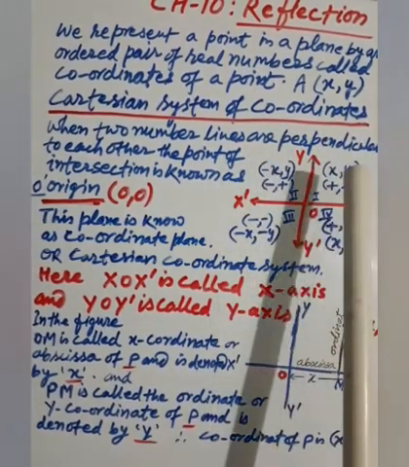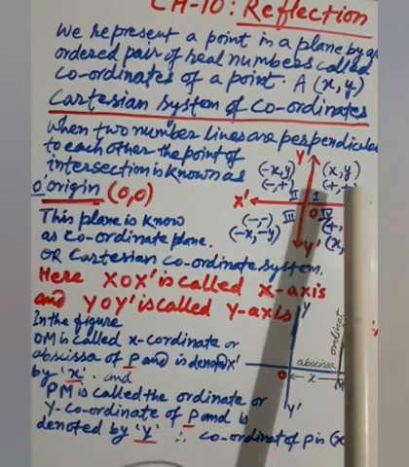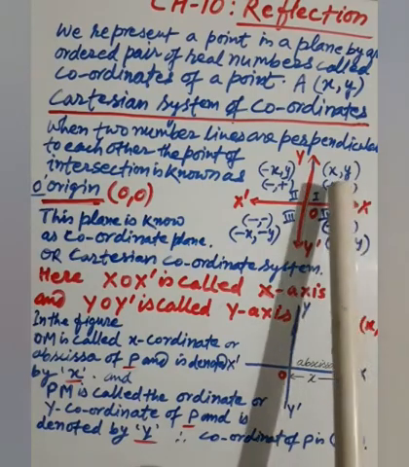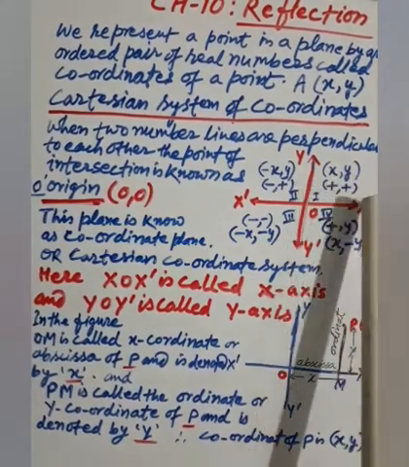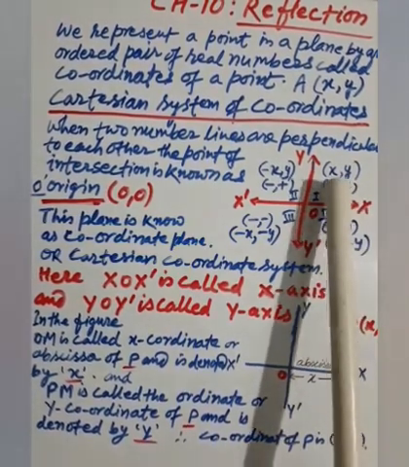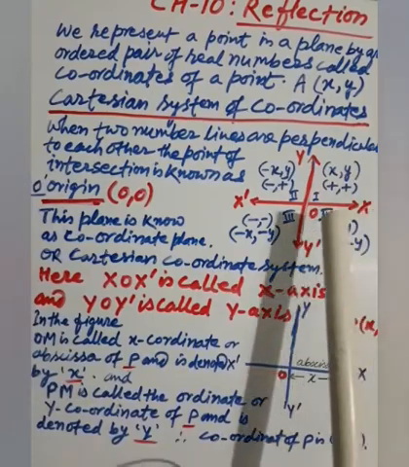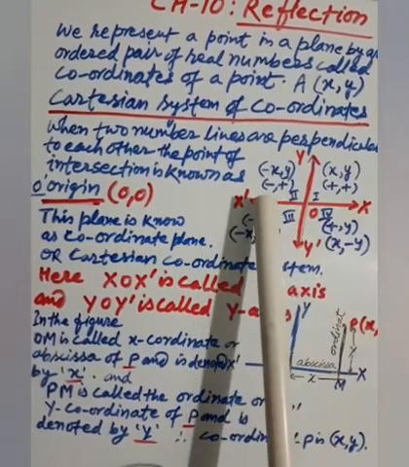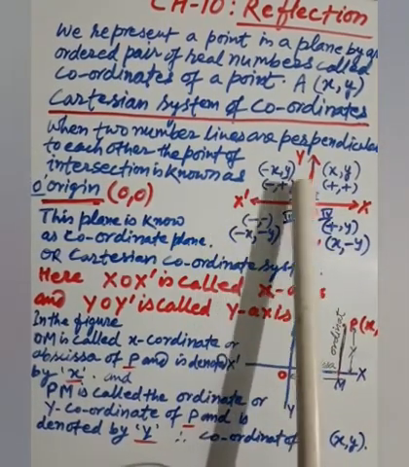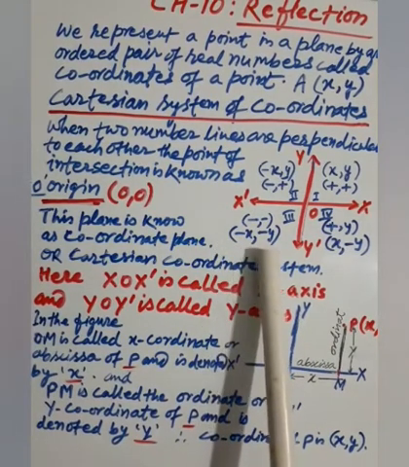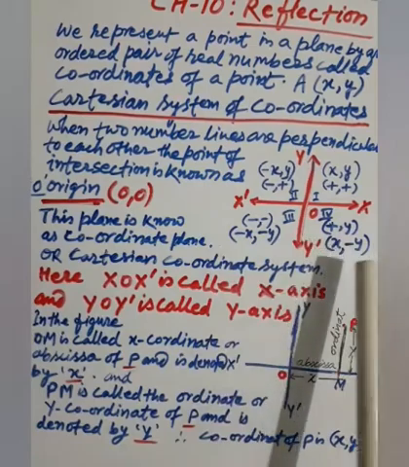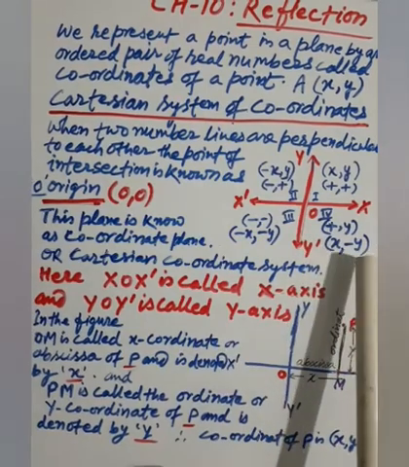So the signs of the coordinates in the first quadrant are plus, plus. Similarly, in the second quadrant x is negative and y is positive. In the third quadrant x is negative as well as y is negative, and in the fourth quadrant x is positive and y is negative.